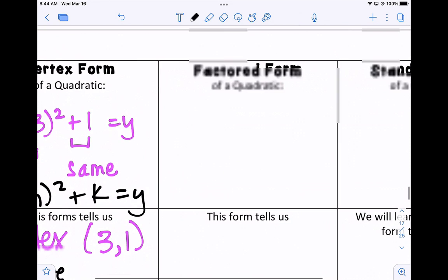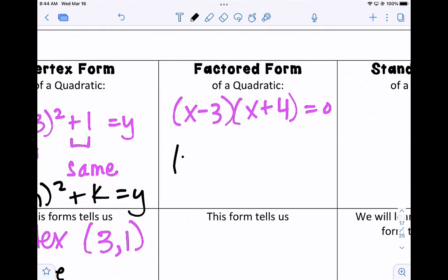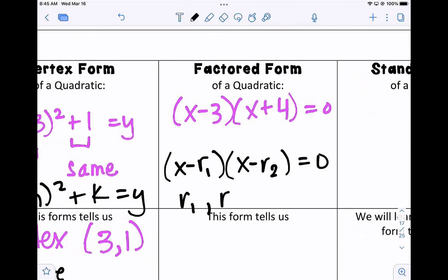Okay, factored form of a quadratic. Again, we'll do an example. What if we had like x minus 3, x plus 4, like that? This is factored form. What you'll see it written out as is like x minus r1, x minus r2, where r1 and r2 are the x-intercepts.